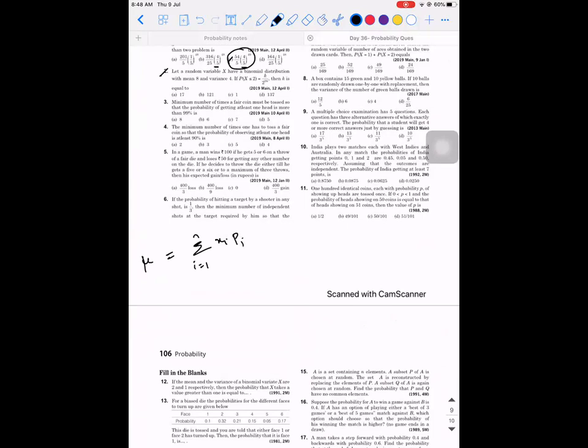This will come from the probability distribution table. If the probability distribution table is given, then you multiply the x value with its corresponding probability and add to the other values.